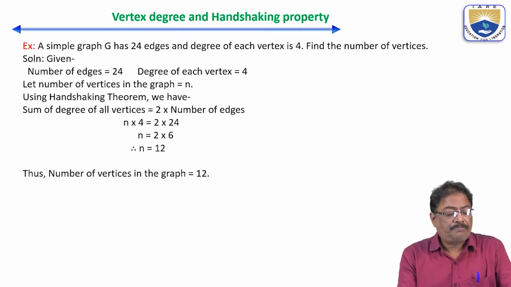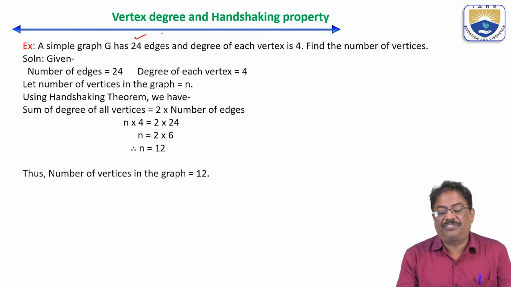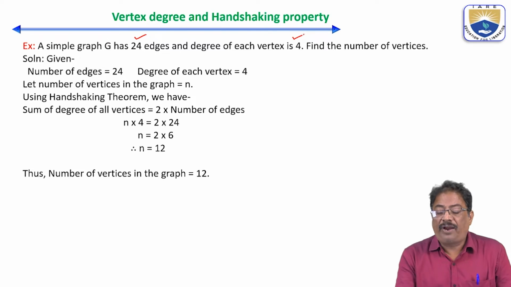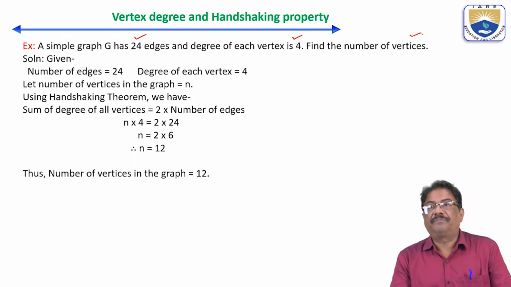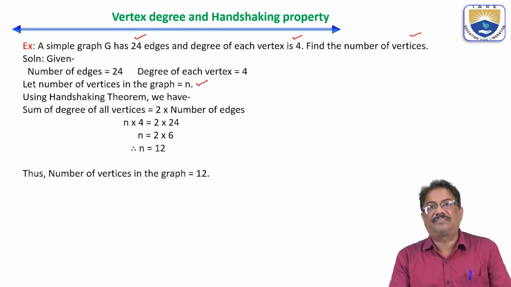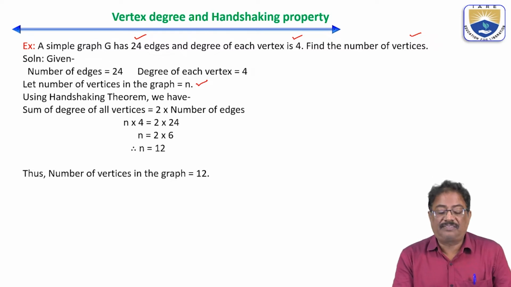Now here, in a simple graph G, which has 24 edges and each vertex degree is 4, find how many vertices it has. Let us consider the graph has n vertices, and each and every vertex degree is 4.